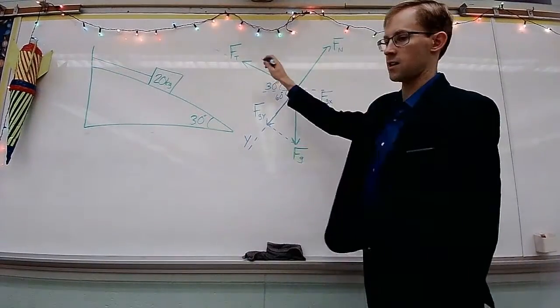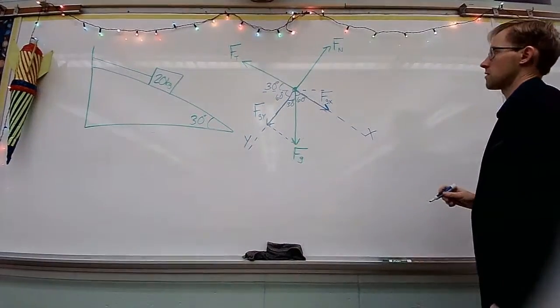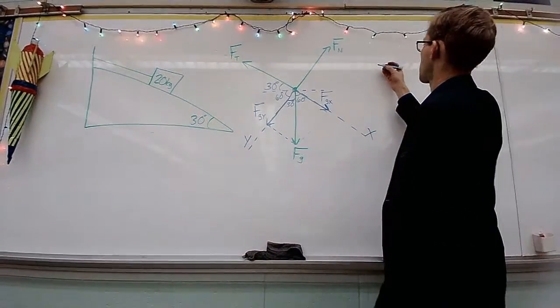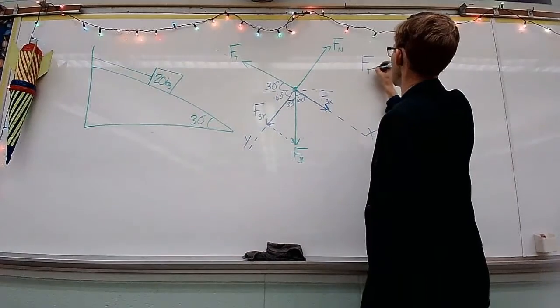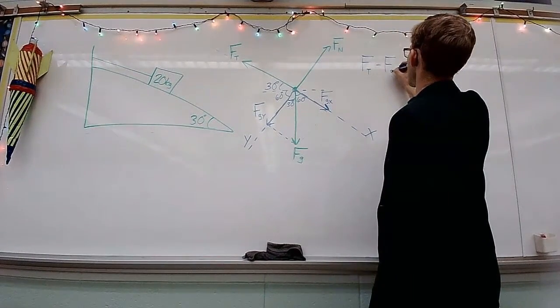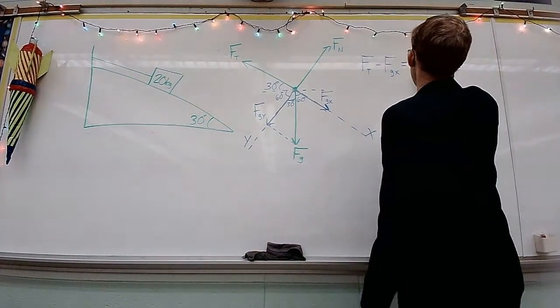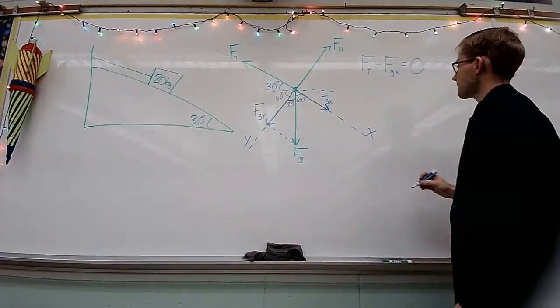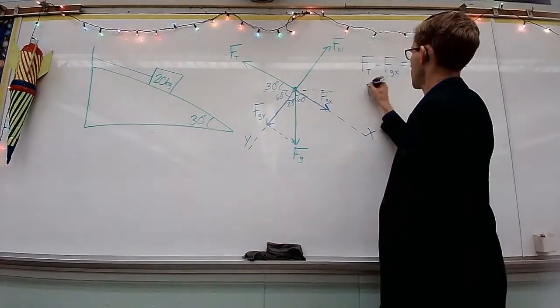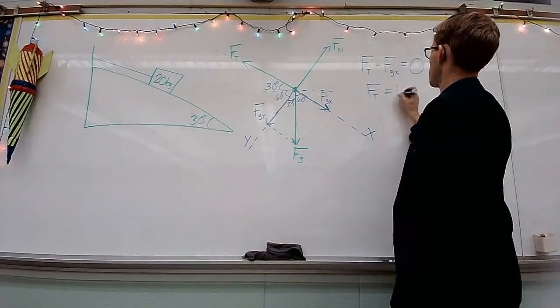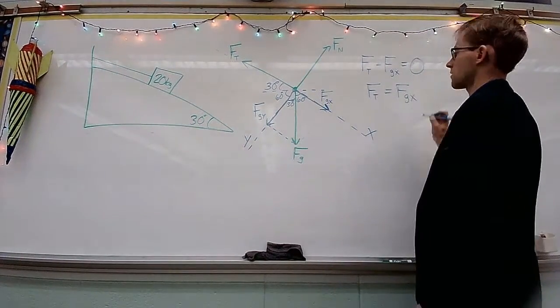So horizontally, along the surface here, our equation is going to be tension minus force of gravity in the x direction is equal to 0. So if I want to figure out my tension force, all I've got to do is solve for force of gravity in the x direction.